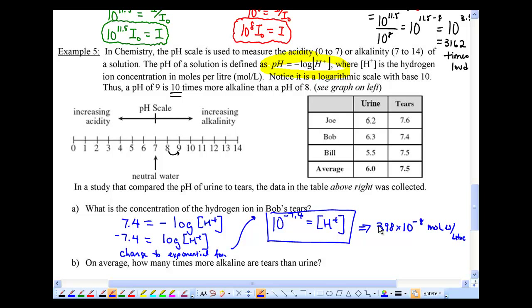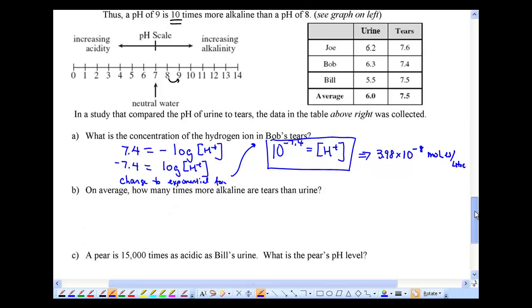All right. Part B asks you, on average, how many times more alkaline are tears than urine? So when I compare, we notice that the tears are much more alkaline, 7.5 compared to urine, which is 6. But how many times more alkaline are the tears?